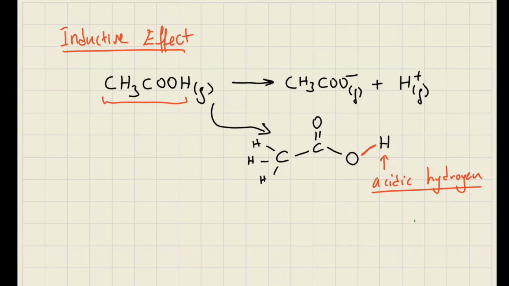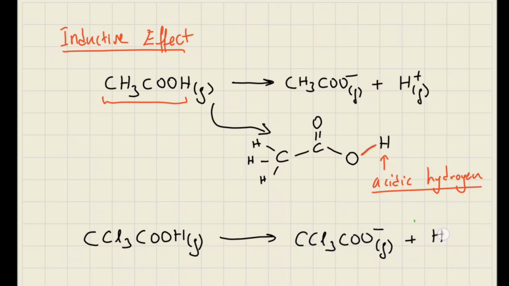And how can we do that? The simplest way is adding electronegative atoms. For instance, we can add chlorine atoms. This molecule can ionize like the acetic acid. So in the molecular geometry, we are adding the chlorine atoms here.